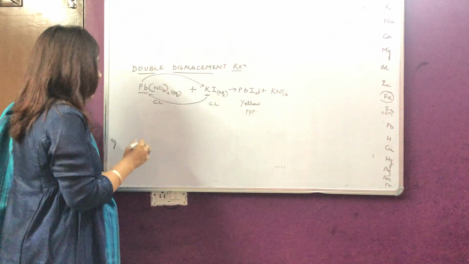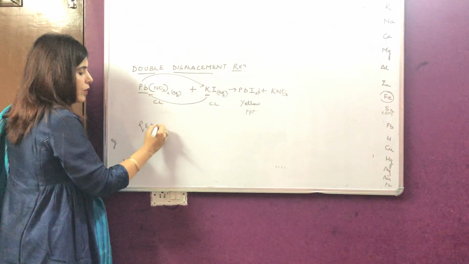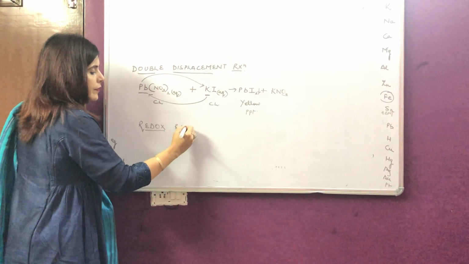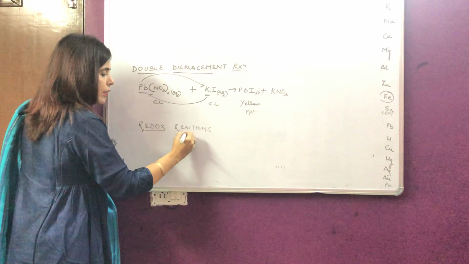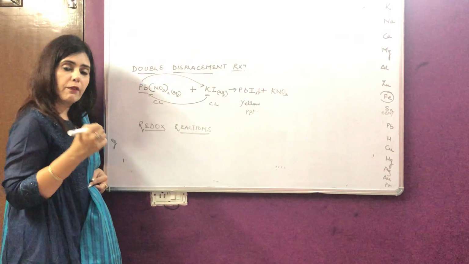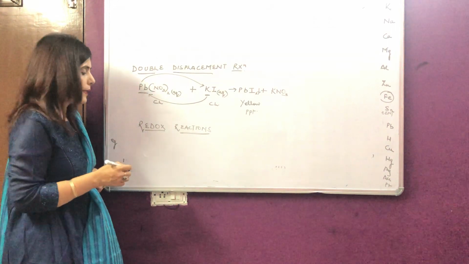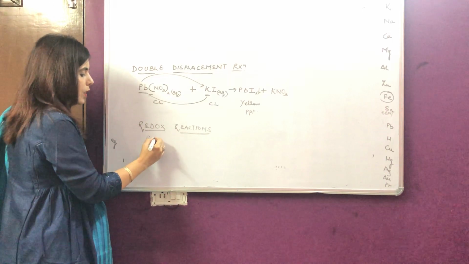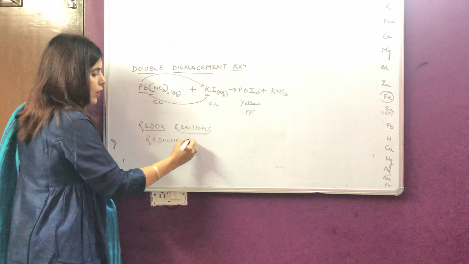So now the next is redox reactions. Redox reaction is actually a completely separate topic which we need to understand in detail in one full session, but I'll just give you an example. Redox is a combination of two words, reduction and oxidation.